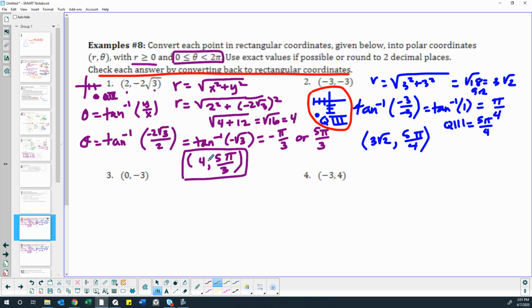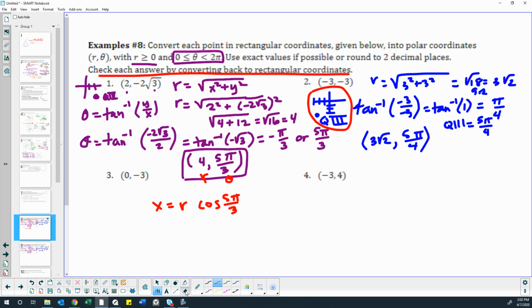Okay, so here is the angle in these coordinates, and we want to change it back to x and y. So for x, we would do r cosine 5 pi thirds. Oh, but r is 4.